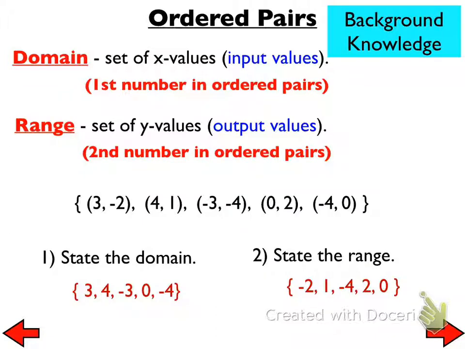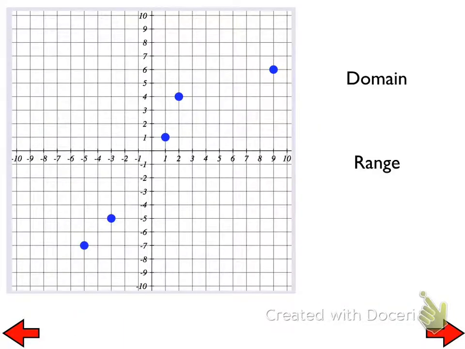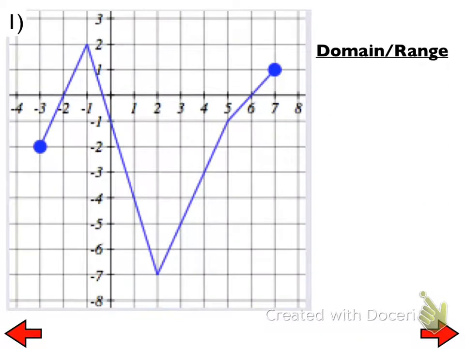Now we could also take a bunch of ordered pairs and we could graph them and find the domain and range. But that's still simple, because the domain would be the first number in each of those 5 ordered pairs, and the range would be the second number in all 5 of those ordered pairs. But what in the world are you going to do when you have a graph like this?